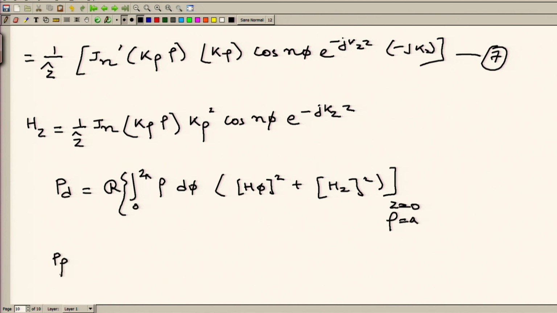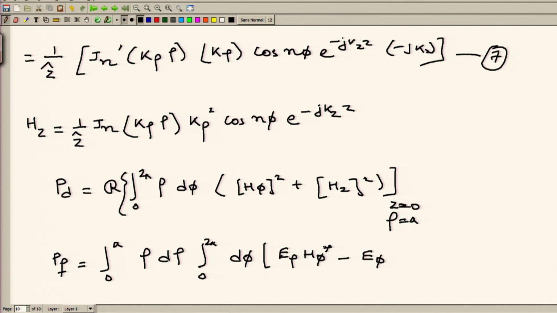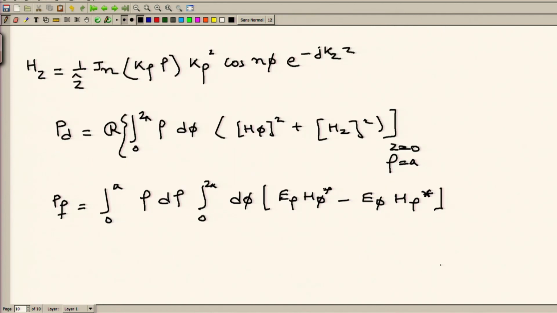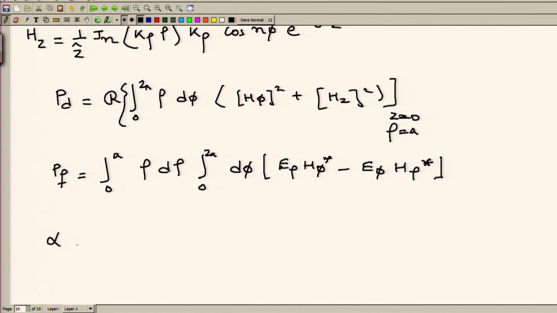And the power flow P f we can write as the integration of 0 to a rho d rho, 0 to 2 pi d phi, of E rho H phi conjugate minus E phi H rho conjugate, and thus we can find the attenuation constant.